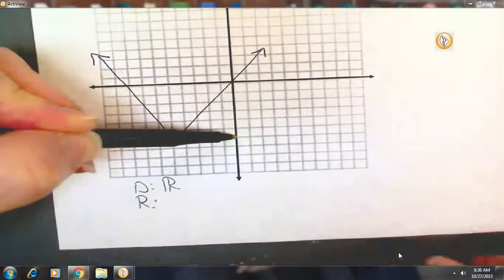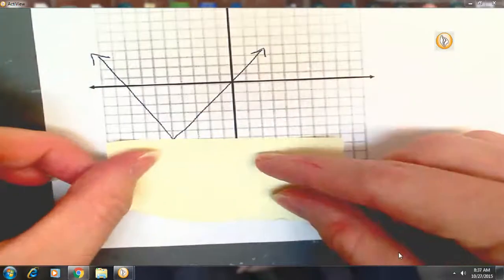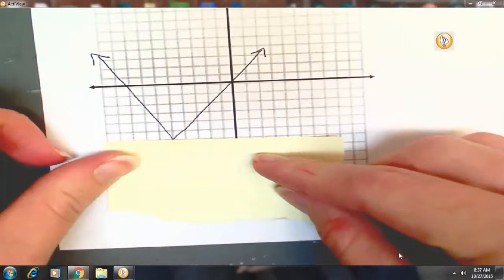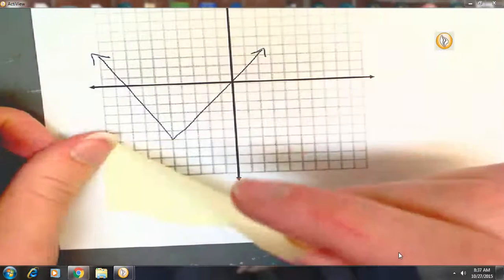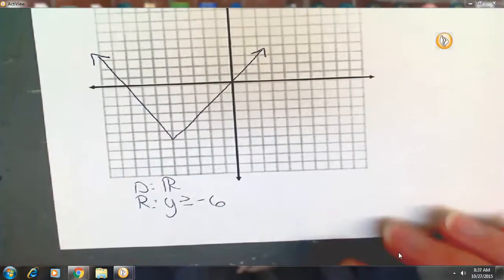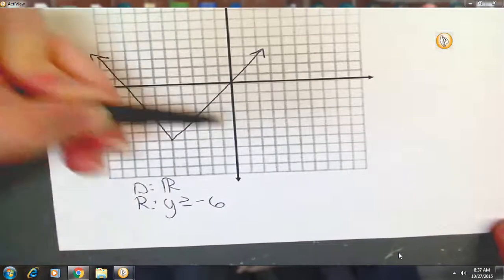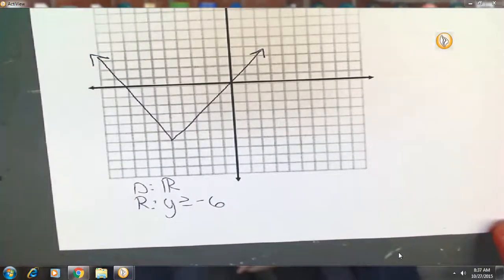I think we're at 6, negative 6. Okay. That's tough to see. So yes, go ahead, Olivia, you said y is greater than or equal to negative 7. You got it. 6, and then negative 6, yeah. Y is greater than or equal to negative 6. So it all just depends, your range is going to depend on where it falls on the y-axis, what that lowest point is. What if, one more.